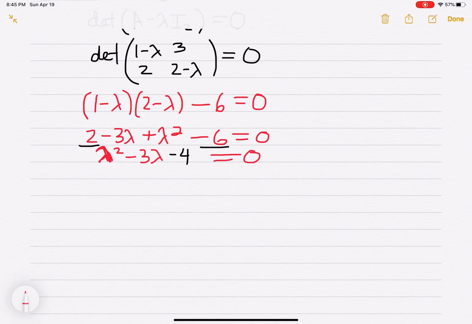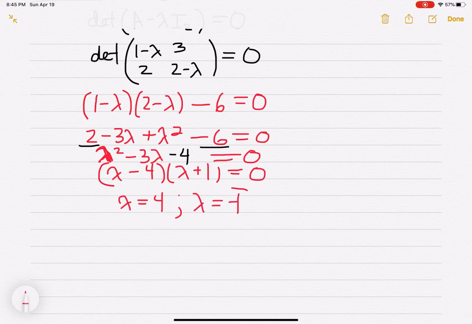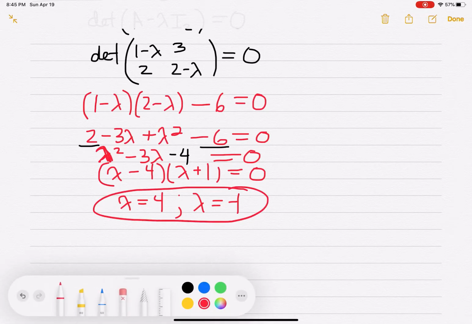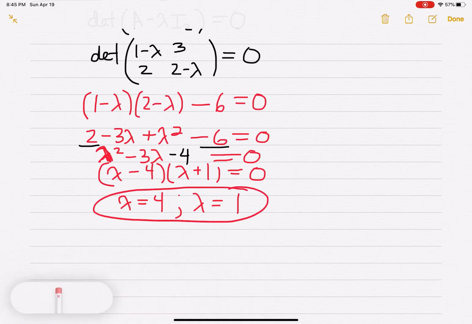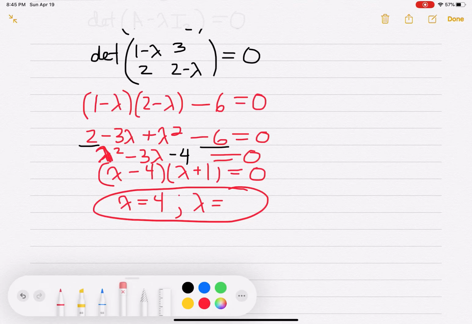We can factor this into lambda minus 4 times lambda plus 1. So we're going to have 2 roots to this equation: lambda equals 4, lambda equals negative 1. So already we have 2 distinct eigenvalues. No repeated eigenvalues, no eigenvalues of multiplicity 2. So that means this is diagonalizable.